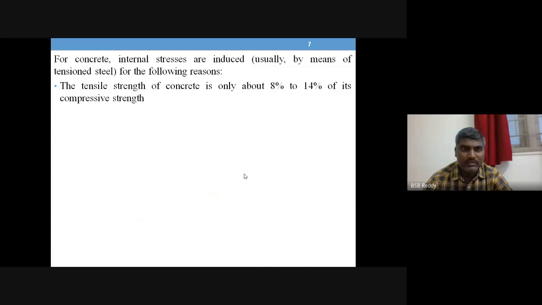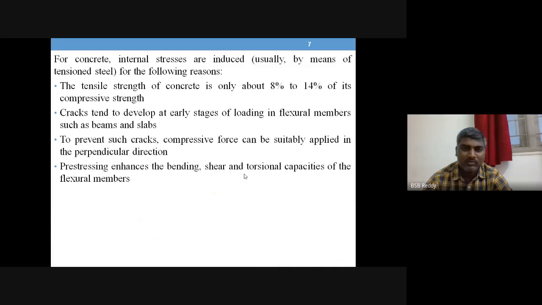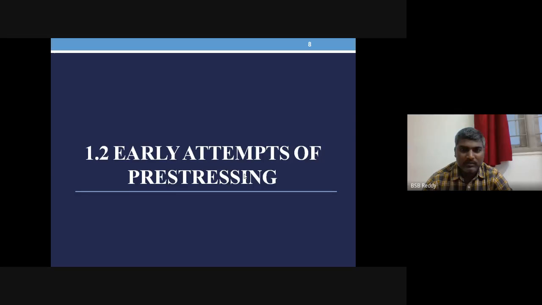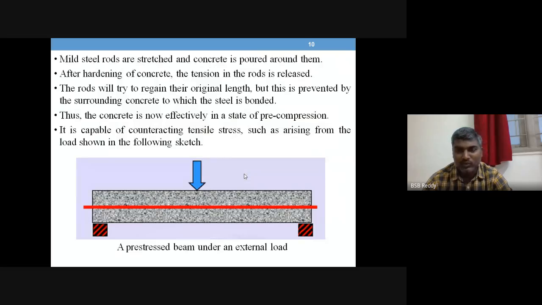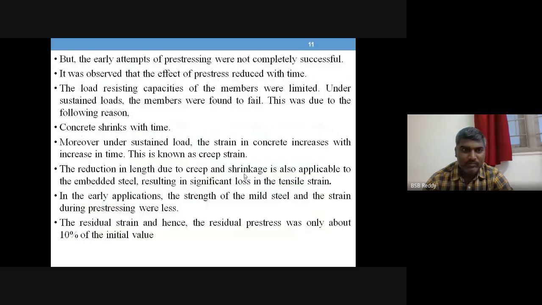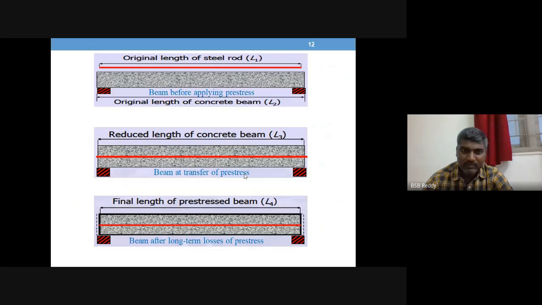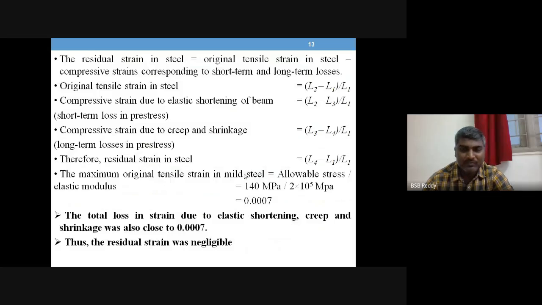That is what we have talked about. And then the early attempts, how were they? You know that early attempts of pre-stress were a failure because of the losses prevailing in the pre-stress.